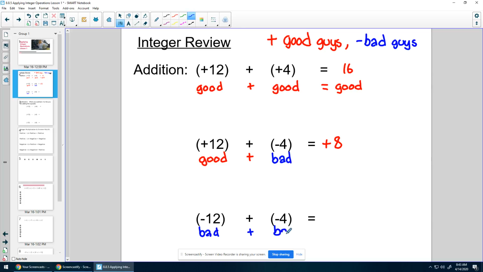Plus bad equals more bad. Okay, so now we can look at this. We know our answer is going to be negative. We have 12 and 4, which gives us 16. So our answer is negative 16.